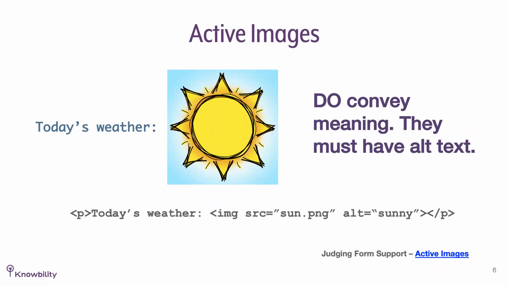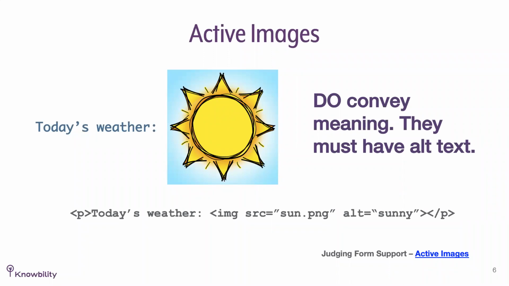If somebody with a screen reader encounters this, or somebody has images turned off in their browser, they would just see today's weather, and either they would hear sun.png, and in that case you could sort of figure it out, but a lot of times image names that I've seen on websites are something like 7723657 blah dot JPEG, which doesn't mean anything.